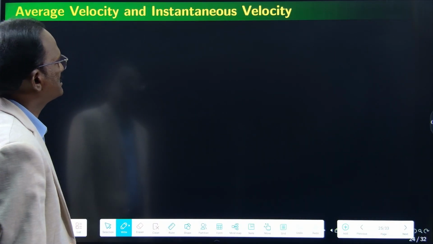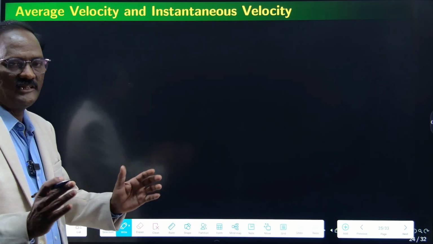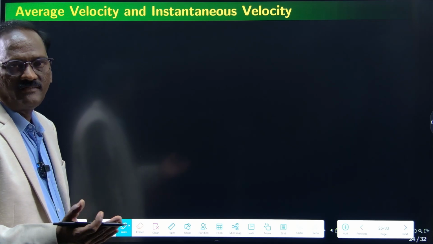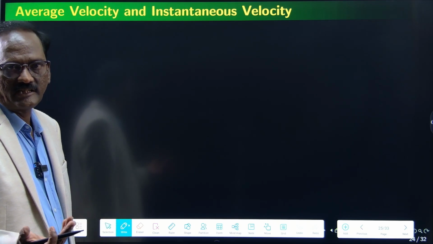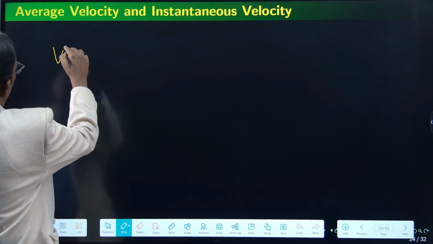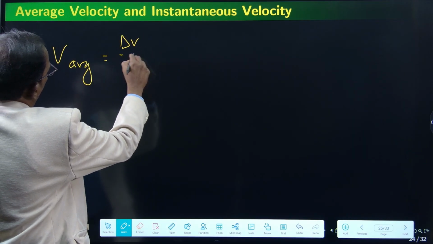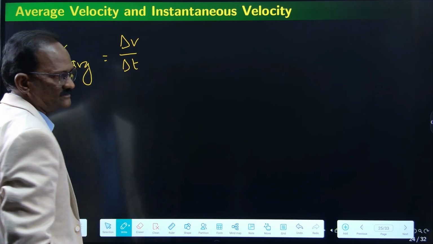Average velocity and instantaneous velocity, right? So average velocity is over a time interval, right? Half an hour or 1 hour or 10 seconds or 10 minutes. Time interval. So average is equal to delta v divided by delta t.